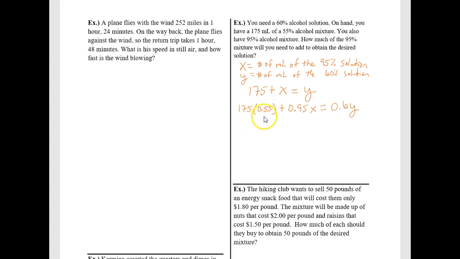Also, I'm going to simplify in the second equation the 175 times the 0.55, so I'll do that first. Multiply these two and get 96.25 plus, I'm leaving the x alone, and instead of writing y, I'm going to write 175 plus x, because that's what y equaled.